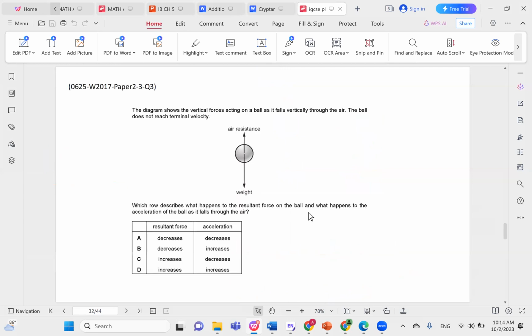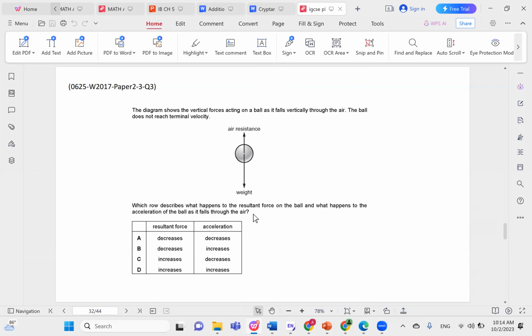So this is what we were just discussing. The diagram shows vertical forces acting on a ball as it falls vertically through the air. The ball does not reach terminal velocity. So it is the phase before terminal velocity where we have weight and we have air resistance. We want to know what happens to the resultant force on the ball and what happens to the acceleration as it falls through the air.